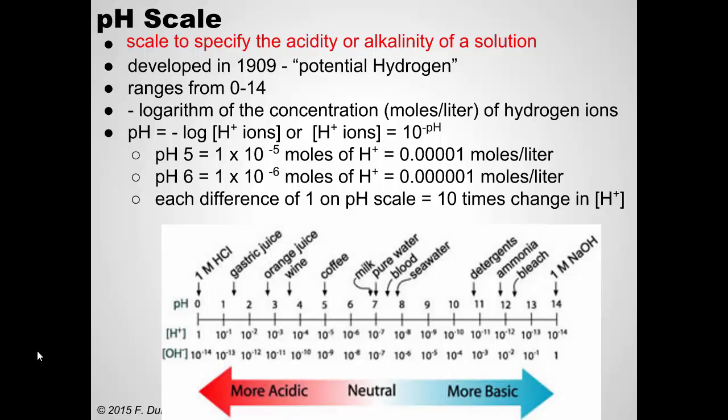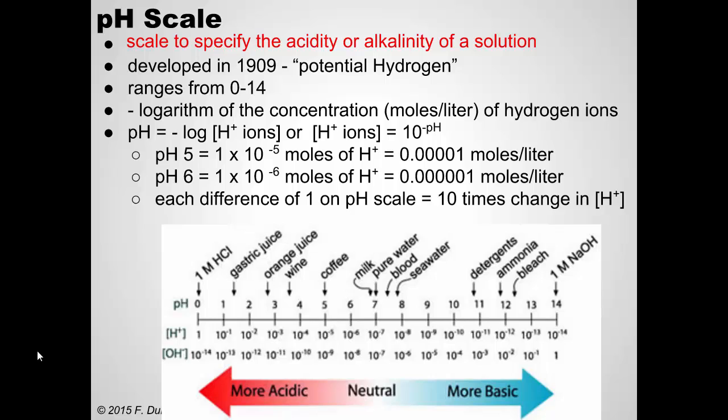So for example, a pH of 5 means there is 1 times 10 to the negative 5th power moles of hydrogen ions. Moles is a unit of concentration we use in chemistry. So a pH of 6 means there's 1 times 10 to the negative 6th moles of hydrogen ions. We work out the decimals.